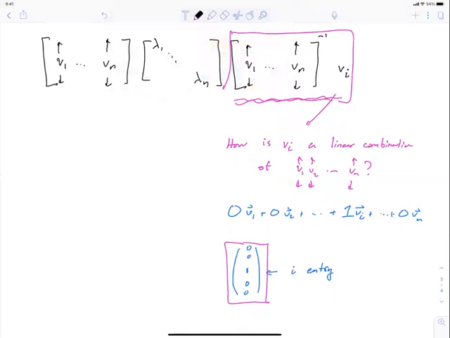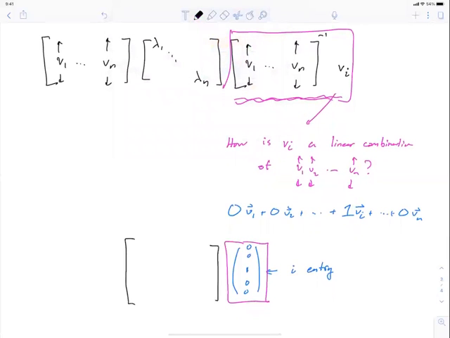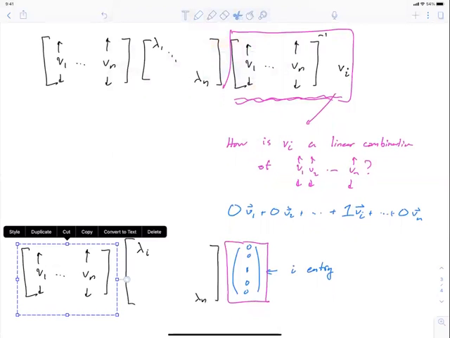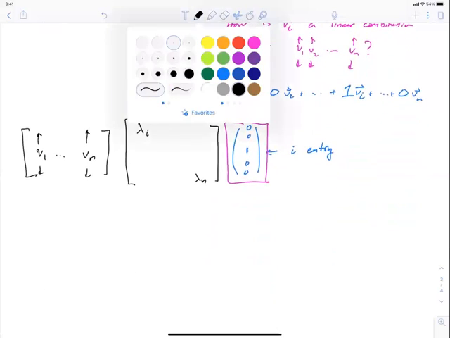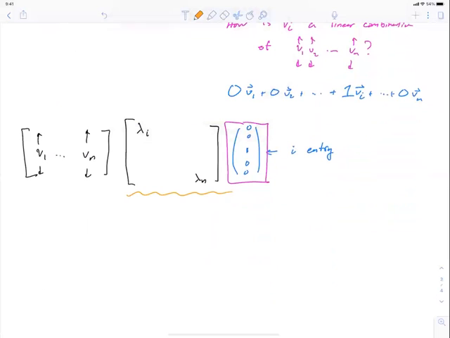And now we're going to multiply this by this diagonal matrix times S. So now we're going to go to the next one. Here, we're just stretching every component by a factor of lambda_i. So it's going to be a different factor for each one. But in particular, the ith entry is going to get stretched by lambda_i.